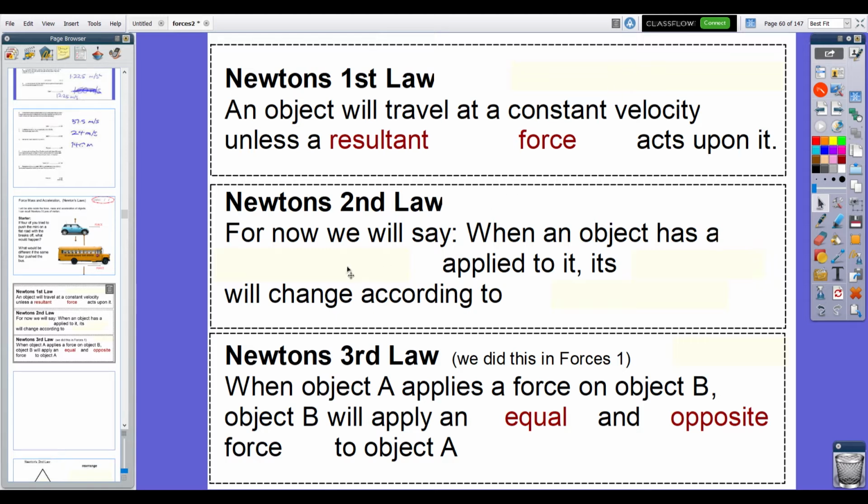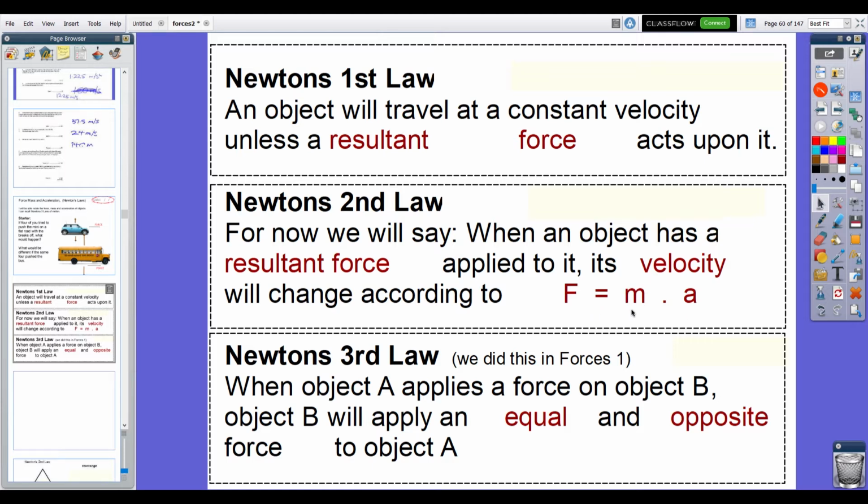So, what does Newton's law say here? This is not the formal definition, but let's go with this one for now. When an object has a resultant force applied to it, its velocity will change. What we saw on the bus is that the formula that goes along with this is: if you apply a force, you get a certain acceleration, but you get less acceleration for large masses.